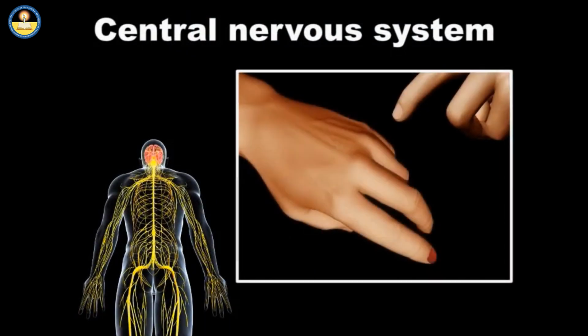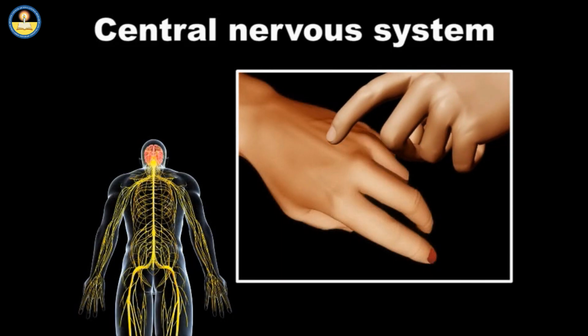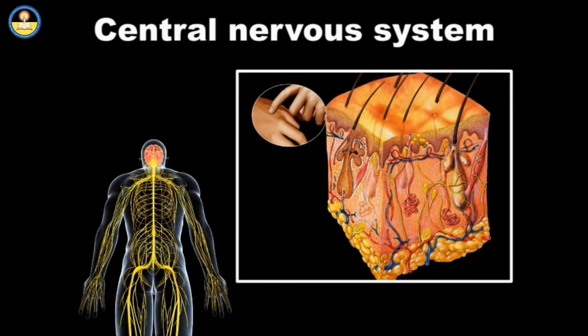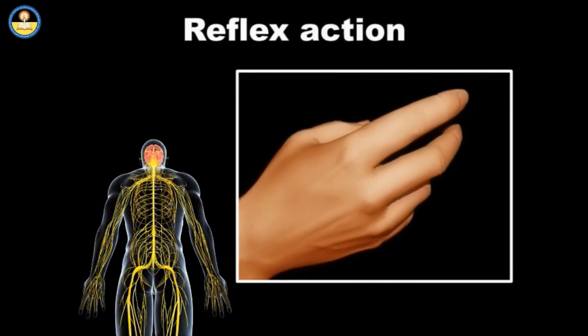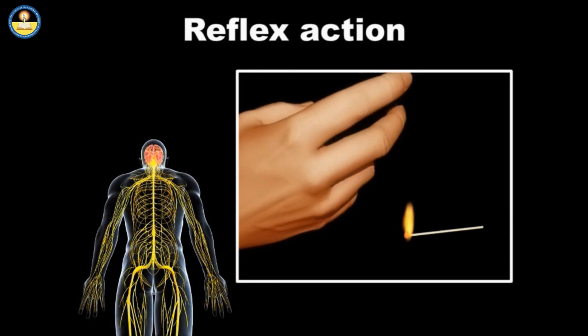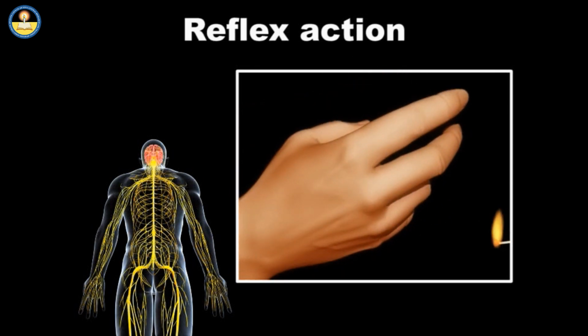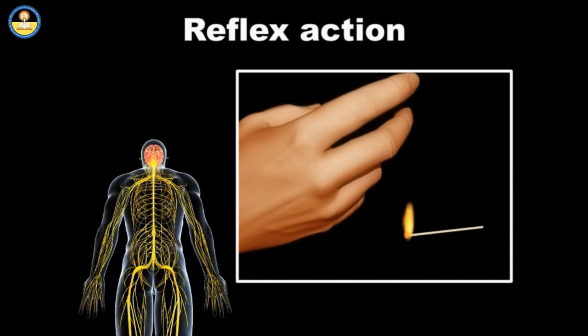When a receptor present in the sense organs gets stimulated, it sends a signal to the central nervous system, where usually the brain coordinates and the response comes in the form of action. But sometimes a very quick response is needed to protect you. In this case, the brain is not involved to take action. This results in reflex action.